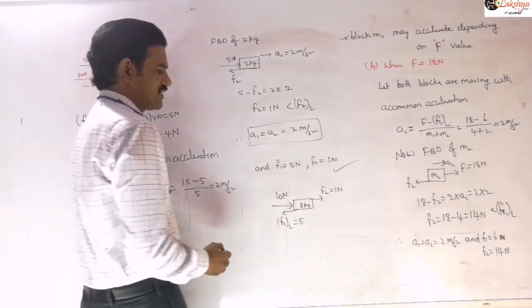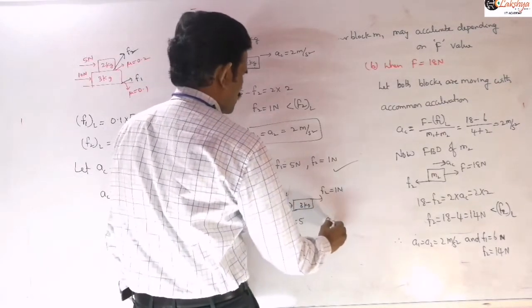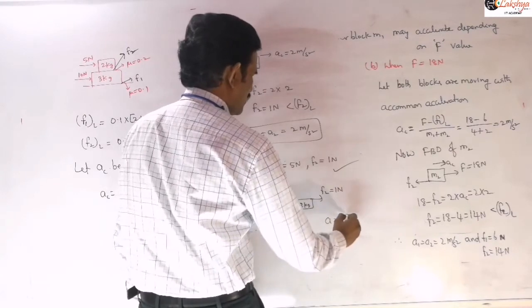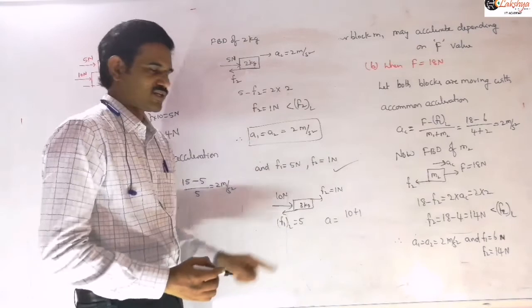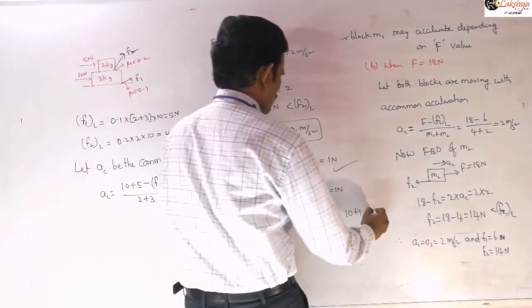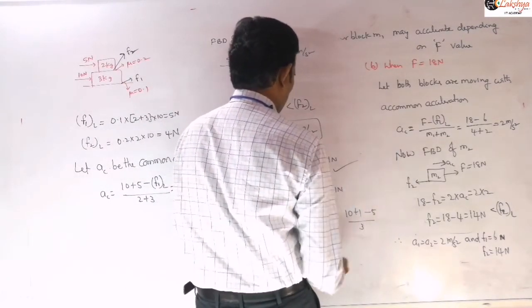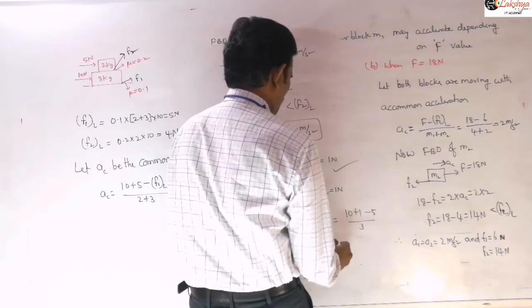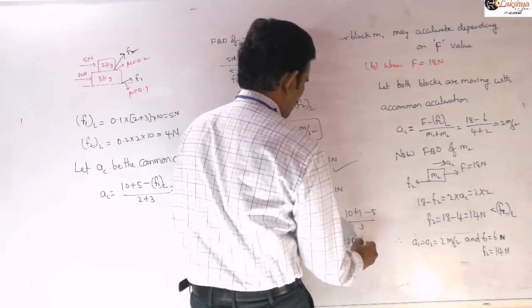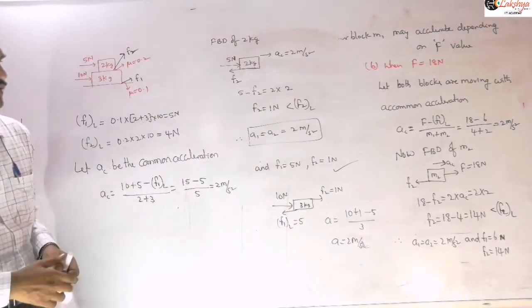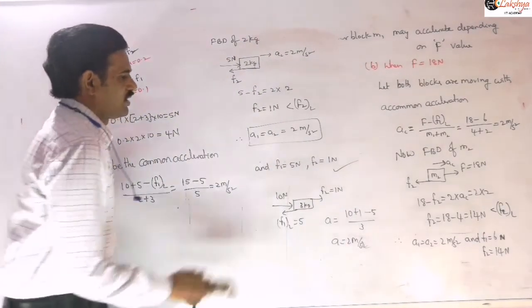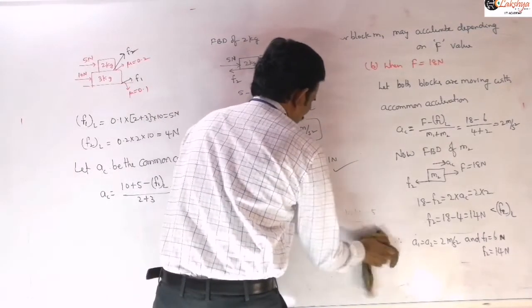Now let us find the acceleration for this. So the acceleration of this block must be equal to 10 plus 1, these two are in the direction of acceleration, and this will be in opposite direction, minus 5, by 3. So which is 6 by 3, so 2 meter per second square, right? So you can observe that we are getting that common acceleration there. So with that friction, that common acceleration is possible. So like that you can solve these problems here.